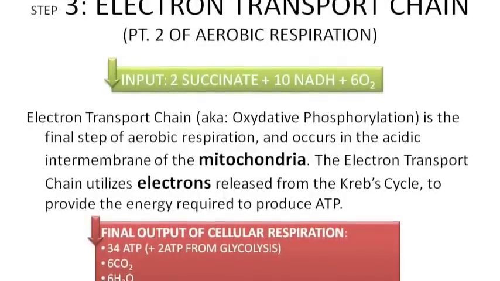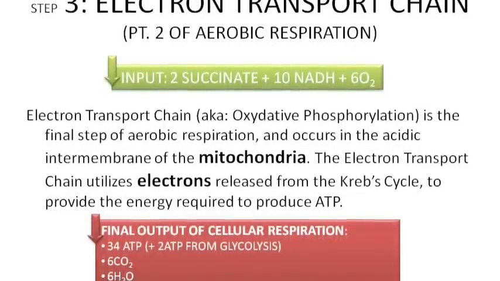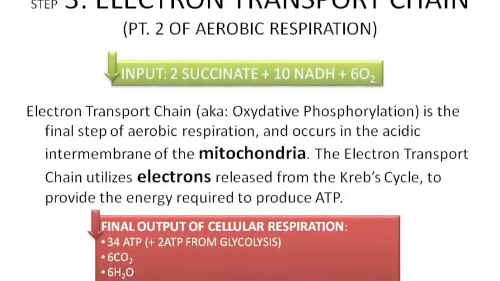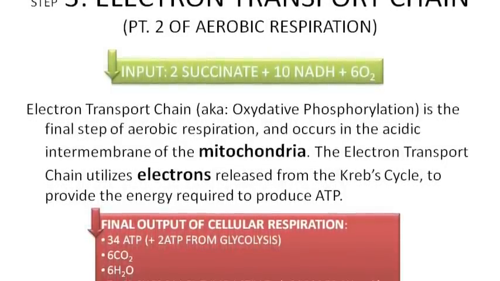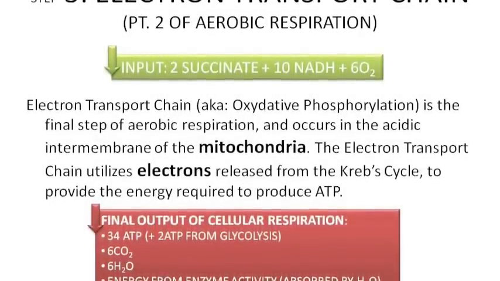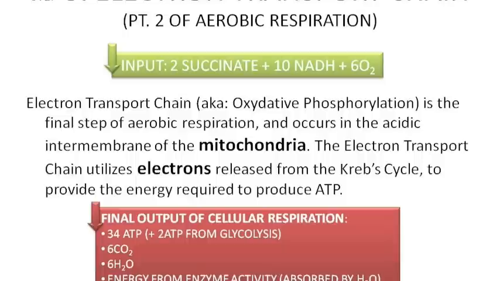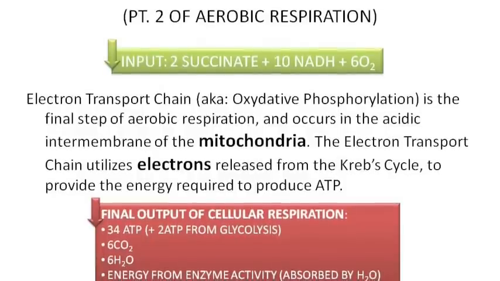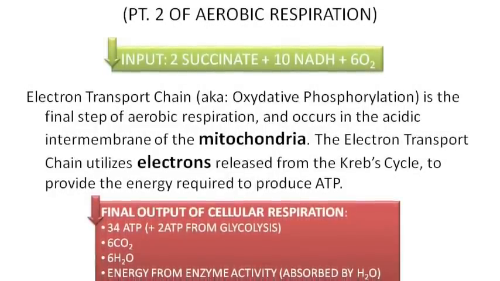Electron transport chain is also known as oxidative phosphorylation, and it's the final step of aerobic respiration and occurs in the acidic intermembrane of the mitochondria. The electron transport chain utilizes electrons released from the Krebs cycle to provide the energy required to produce ATP.